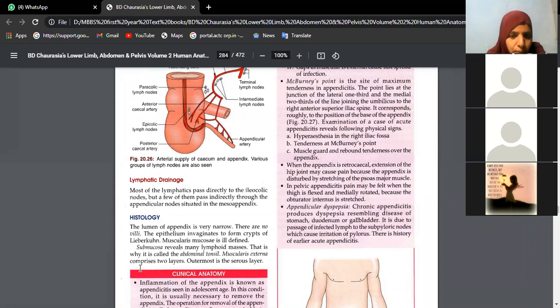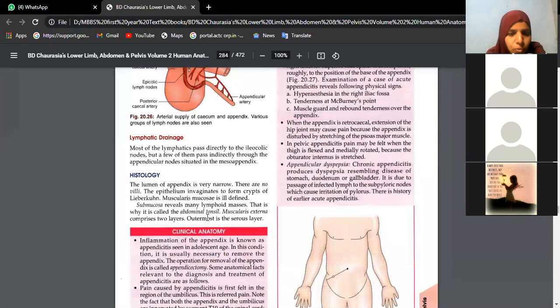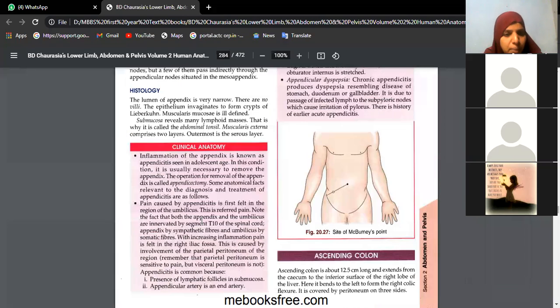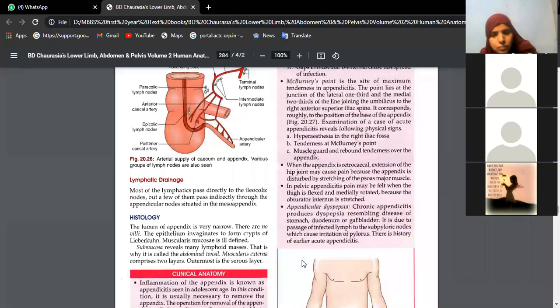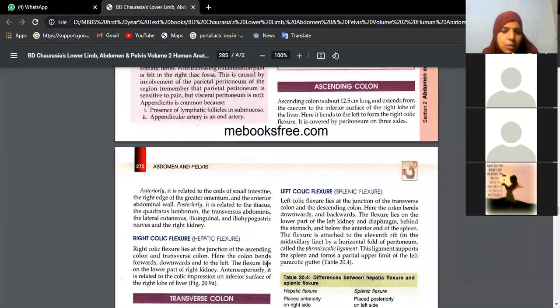In histology, we find a lot of lymphoid tissue in the mucosa and submucosa, so you call this the abdominal tonsil. Inflammation of appendix is appendicitis, and the operation for removal is appendectomy. McBurney's point I have told you. So that is enough for appendix.